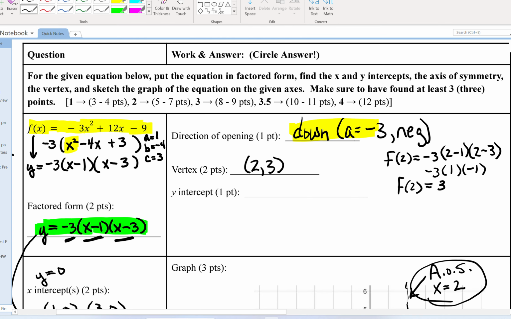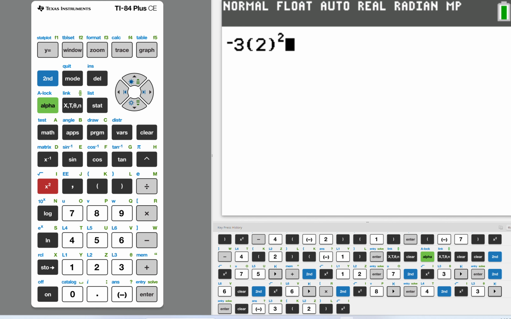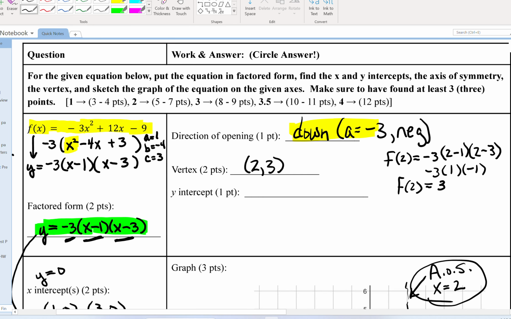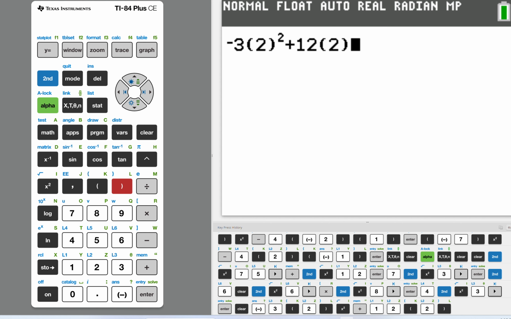That's my negative 3x squared, plus 12x, plus 12 times x, which is still 2, and then minus 9. And when I hit enter, I want to see that it has that same value that we found just now, which was 3. Sure enough, we got 3. So you can verify that you have factored it correctly in that kind of a way.